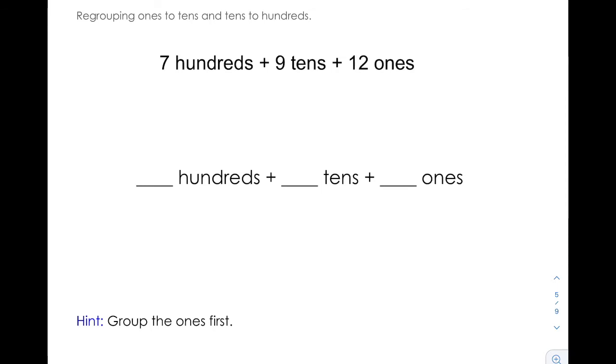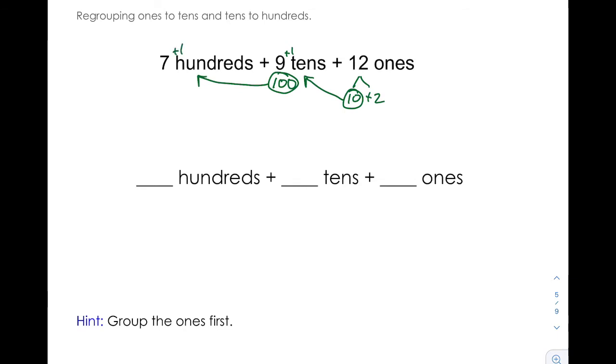Here we have 12 ones, which breaks down into 10 plus 2. We're going to send one of these tens over this way, so we're going to add it to that. So 9 tens plus 1 ten makes 10 tens, which is actually 100, right? We're going to send that 100 over to this 100, so it's going to be 7 plus 1.